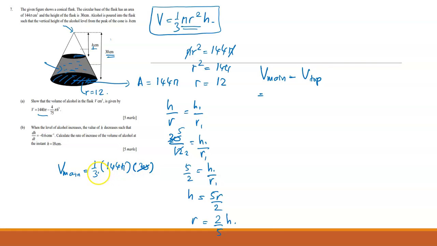So 30 divided by 3 equals 10, and 144 times 10 is 1,440 pi. So 1,440 pi minus V on the top, 1 over 3 pi r squared h.